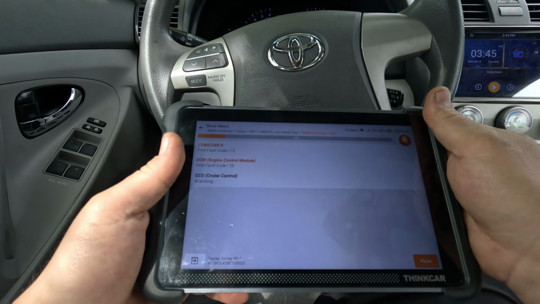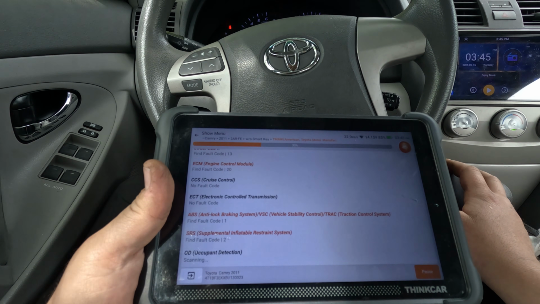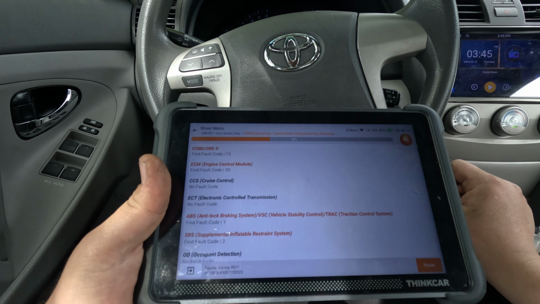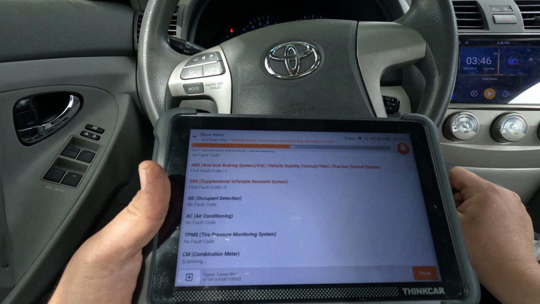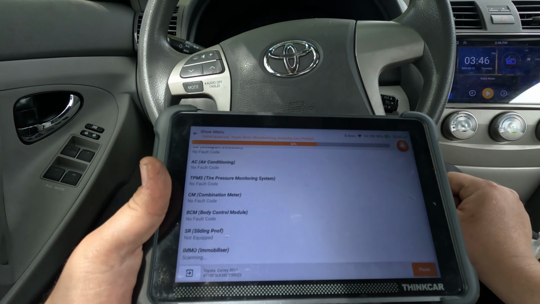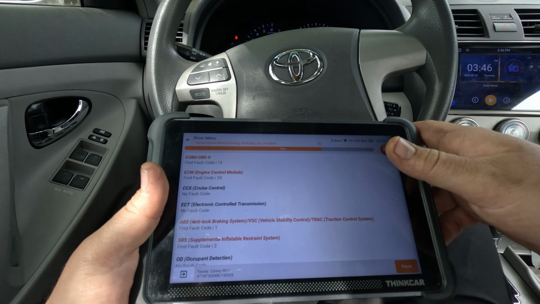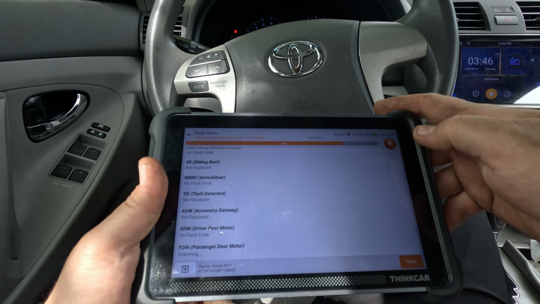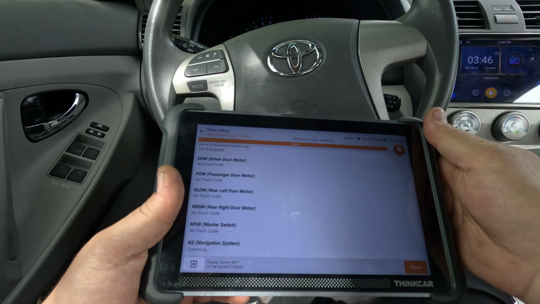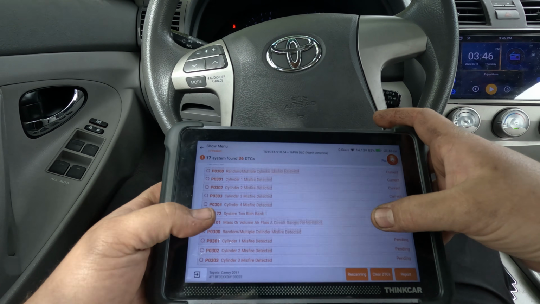Oh wow, 13 codes. Also, we got a system 2 rich and a bunch of misfires.